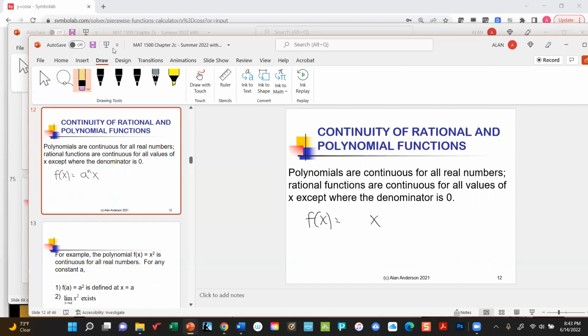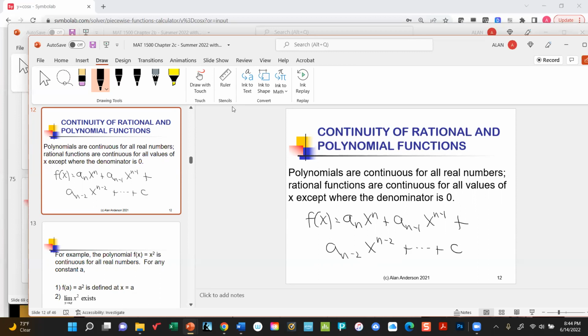Let me write down the general expression here. So, for example, a cubic function is a polynomial. And so we know that polynomials are well behaved.